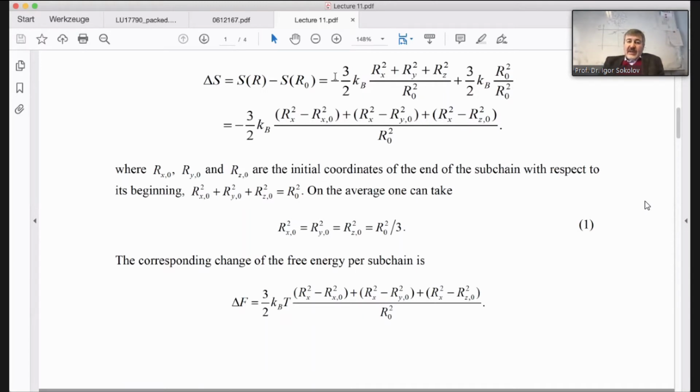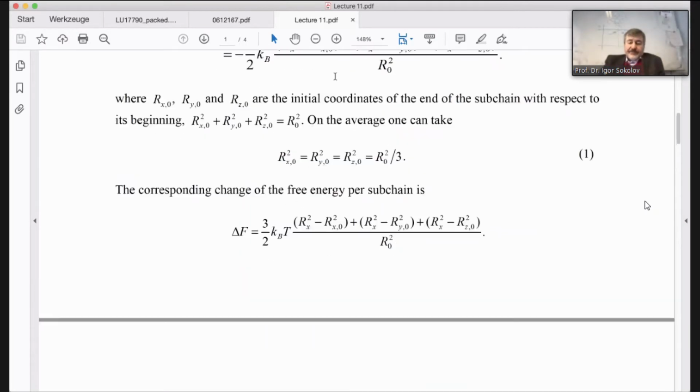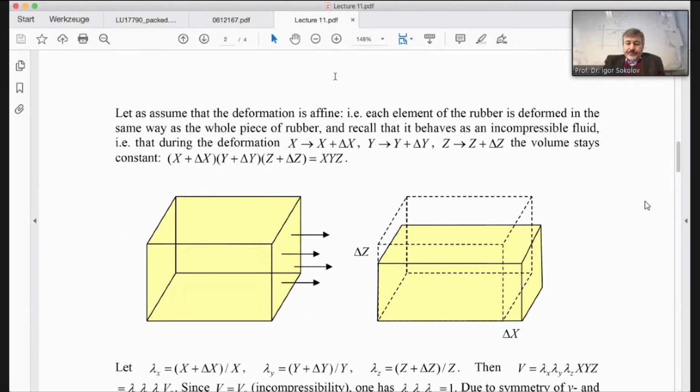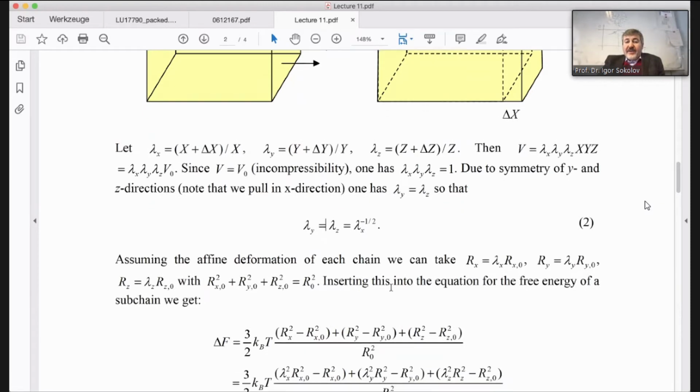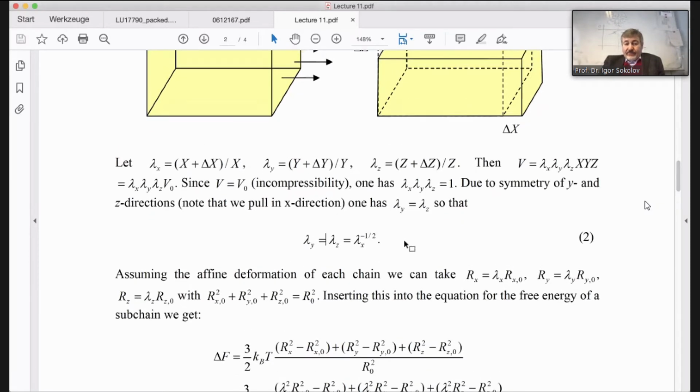It's the entropy of a single chain with fixed end-to-end distance. And the free energy is minus T delta S. Now I understand. Thank you so much. You're welcome. Now, do you get this? Yes, wonderful.